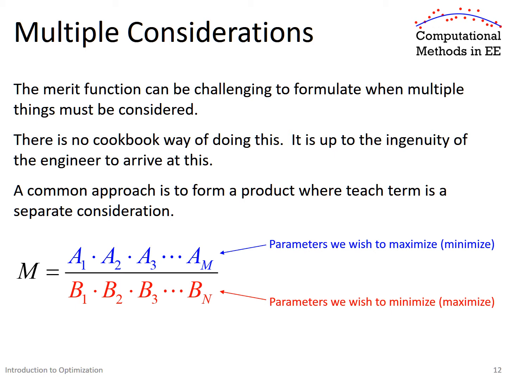And if we have multiple considerations, we will multiply them all together. We might have numbers that in order to improve the device, we want to minimize. So we'll divide by those numbers so that as they become smaller, the merit function becomes larger. And I use this a lot. So I'm multiplying and dividing things to combine multiple considerations. We can certainly add them. You could add them, then take the square root, all kinds of different ways. But I tend to fall on this more often than other things.